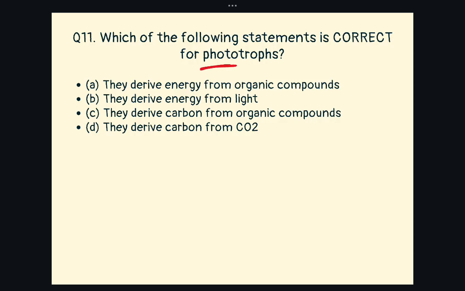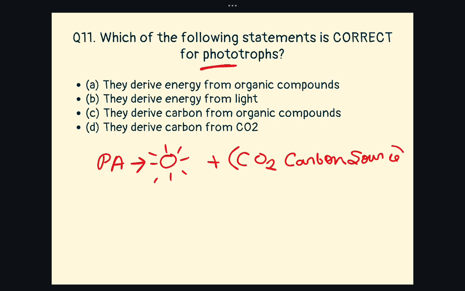If I talk about photoautotrophs, I'm writing it as PA. So if we are talking about photoautotrophs, this means they use light for energy plus CO2 as their carbon source.